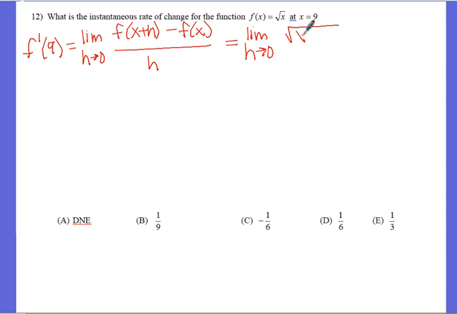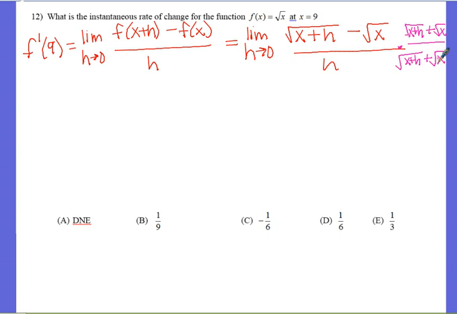be the root of x plus h, minus f of x, which would be the root of x, all over h. To simplify this, I'm going to multiply numerator and denominator by the root of x plus h plus the root of x, all over the root of x plus h plus the root of x. So what do we get?